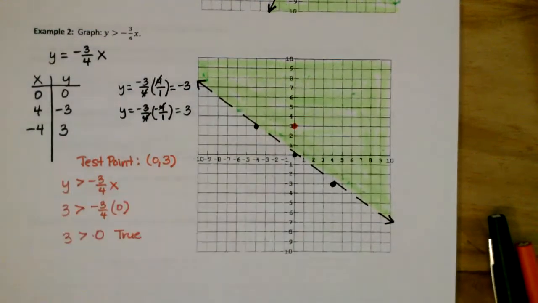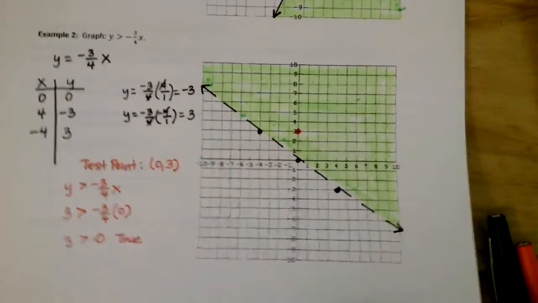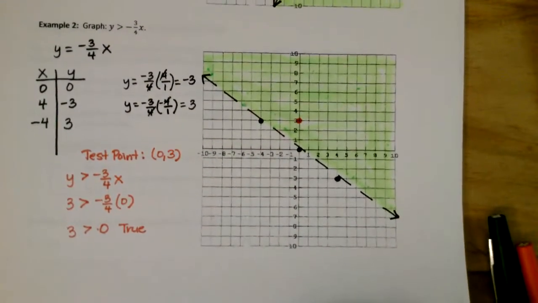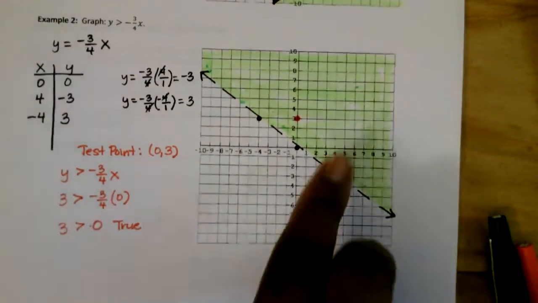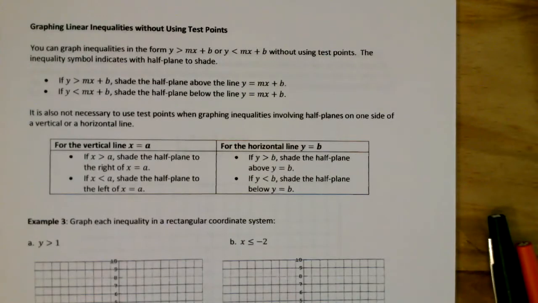Now, the example 2 that I just did, where you have y is greater than negative 3/4 x, this also is helpful for graphing without using the test points here. Because I could have graphed this without getting a test point of 0, 3. So on the next page, you'll see how we can graph a linear inequality without using test points.